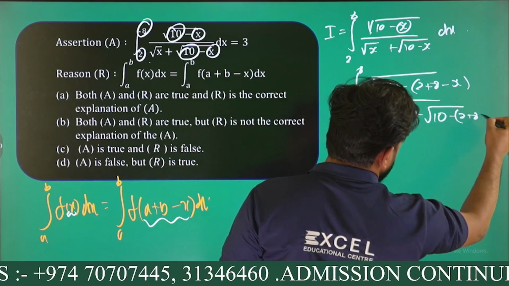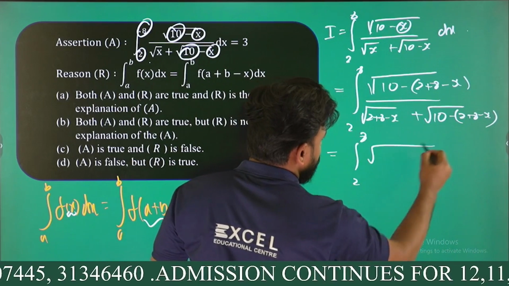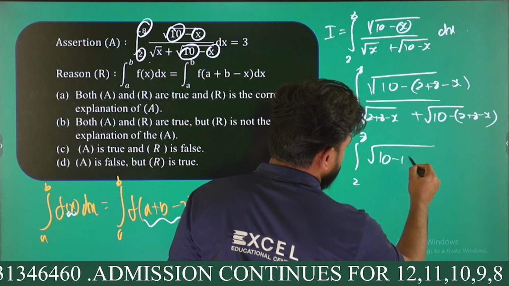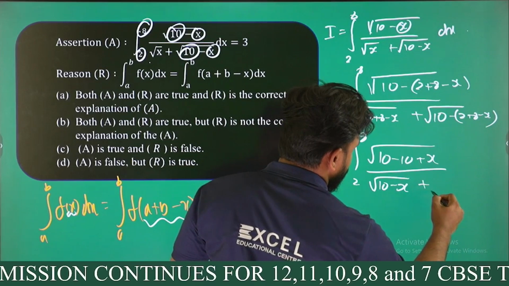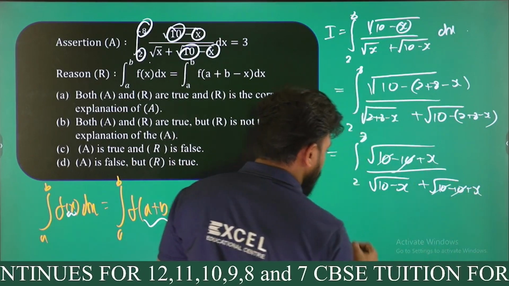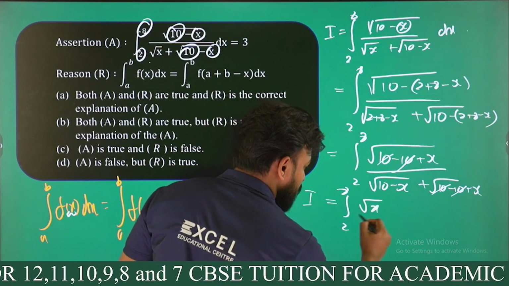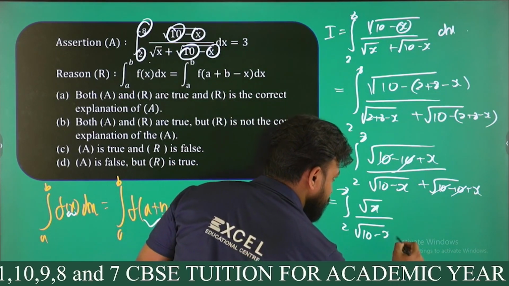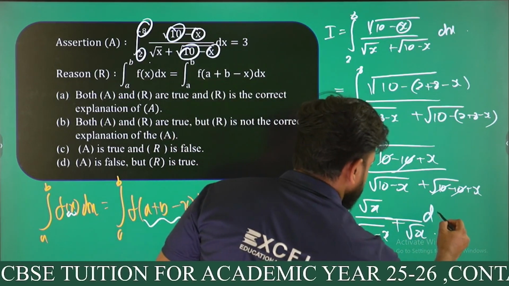So what I'm getting, integral 2 to 8 of root of 10 minus 10 plus x by root of 10 minus x plus root of 10 minus 10 plus x. So these 10s are gone, and you're getting I as integral 2 to 8 root x by root of 10 minus x plus root x dx.